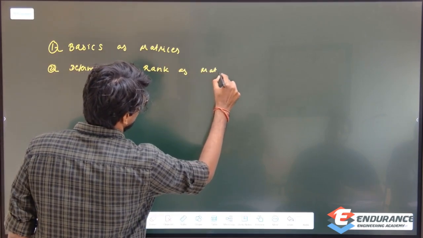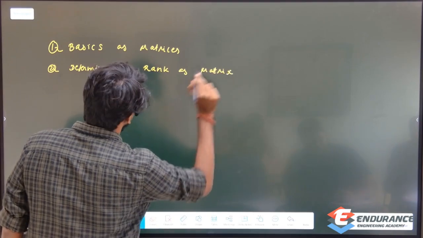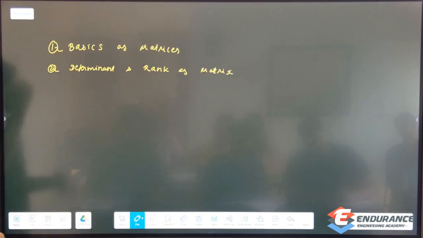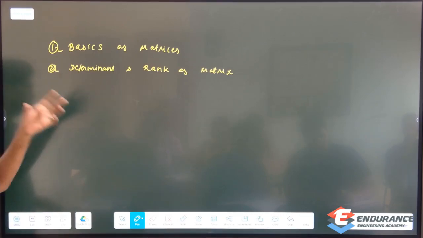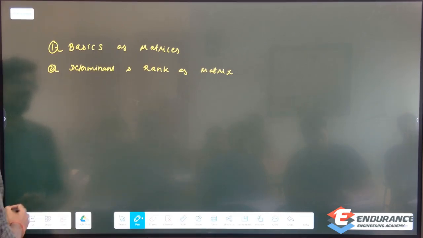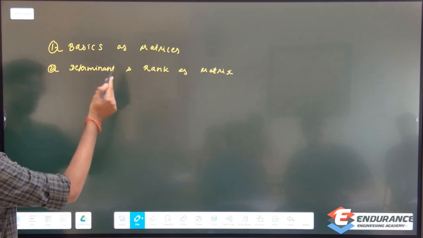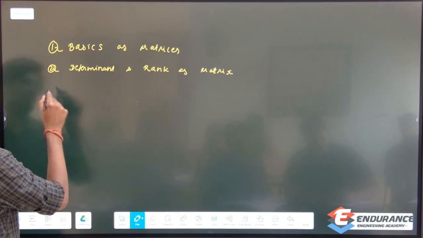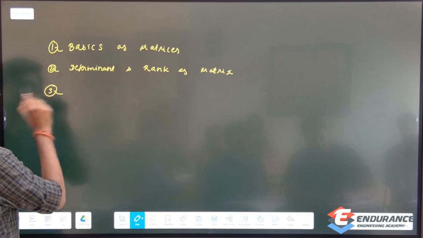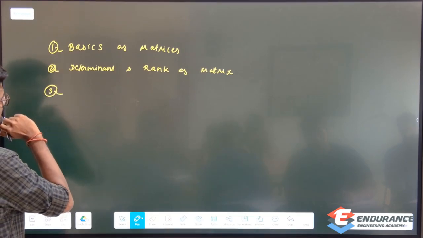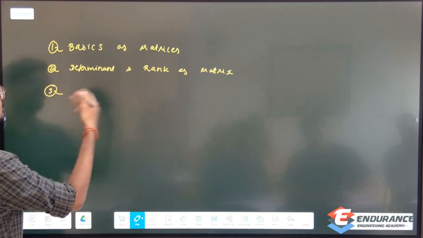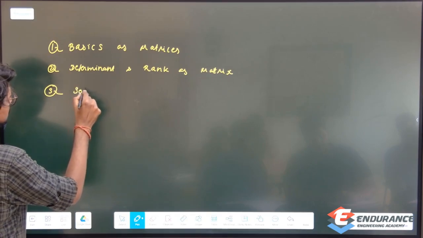You can parallelly copy this agenda of the chapter. In the basics of matrices, we will discuss types of matrix, transpose, some properties related to matrices, addition, subtraction, multiplication, etc. Then determinant and rank, and after determinant and rank we will be going for solution methods.